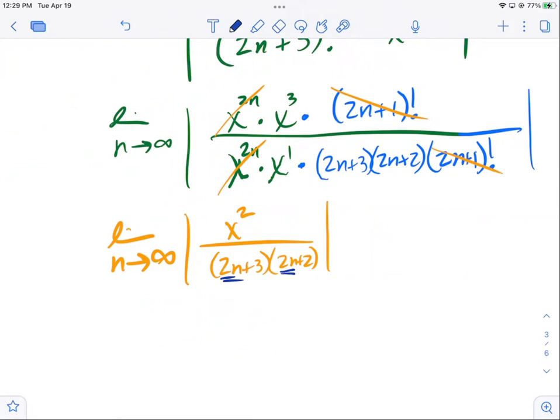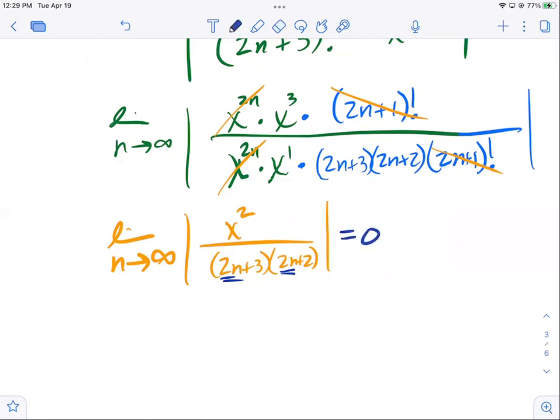Zero. Good. Because the top is a constant. Now, if the top had x squared n squared, then it would be leading coefficient over leading coefficient, which would be x squared over 4. But there is no n squared up there. So a constant over a quadratic goes to 0.